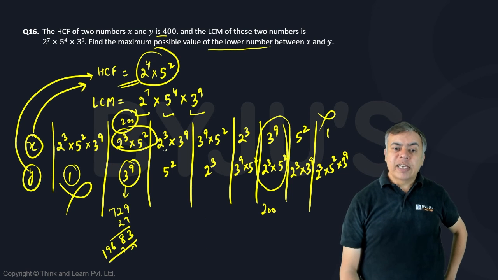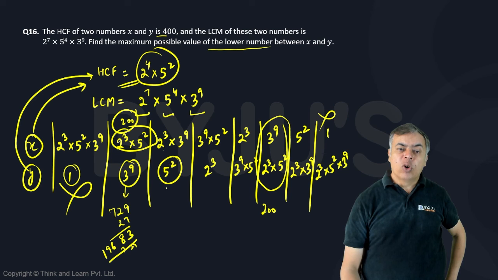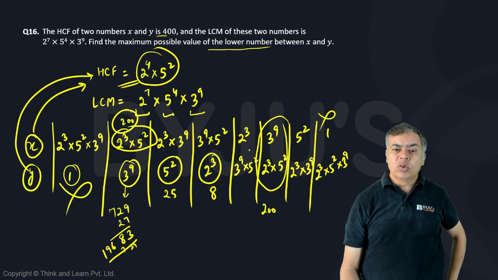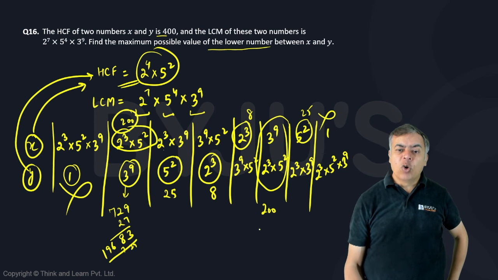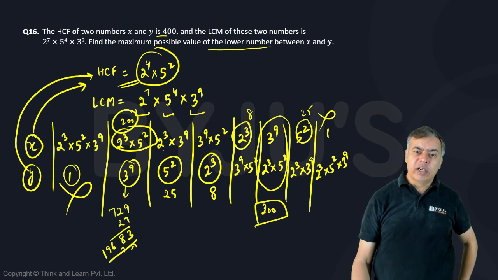Now in this case, this is 25, the lower value will be only 25. Here the lower value will be only 8. Here the lower value will be this only, 8. Here 25. That means the lower value in this is 200.